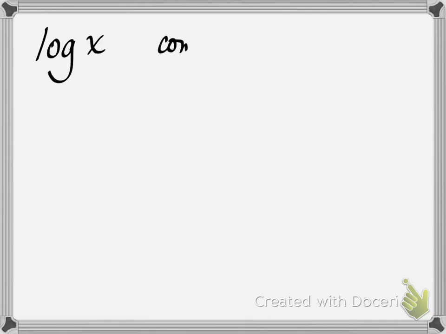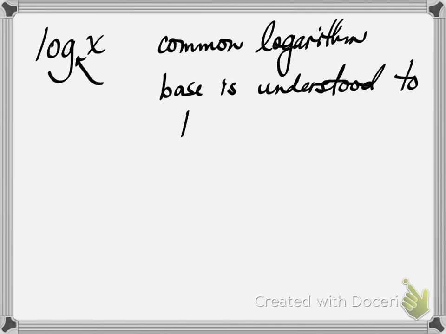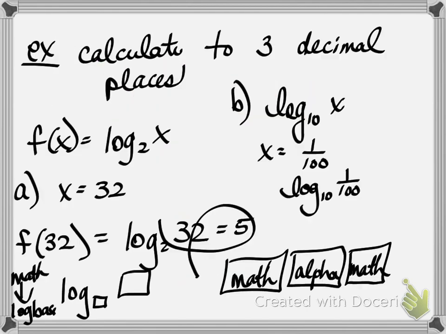This is called the common logarithm because it's understood to have a certain number here as its base. The base is understood to be 10, unless they change it like they have changed it here.